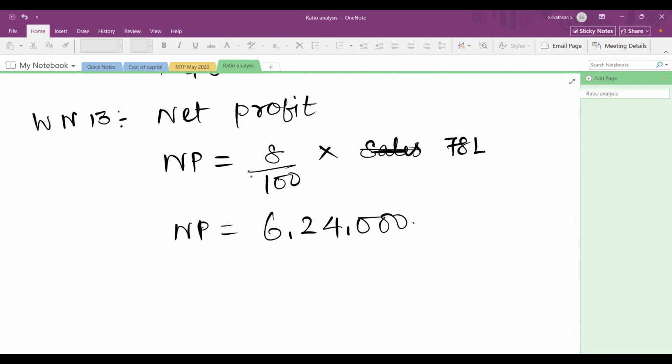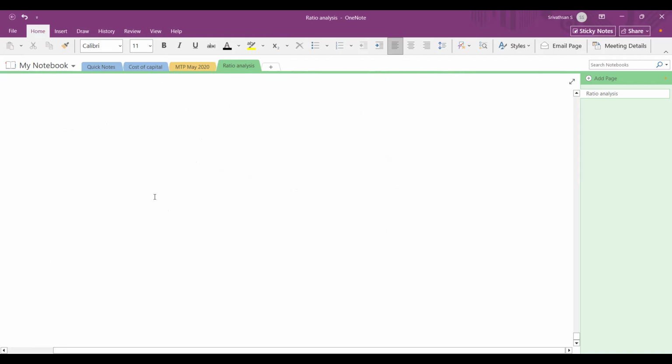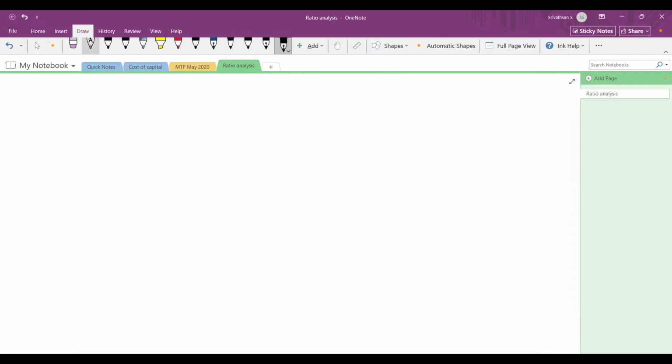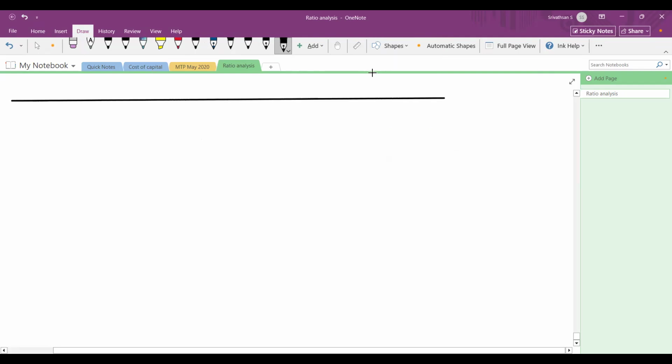So far clear to everyone? Any doubt in the working notes? So now let's prepare the trading and P&L account. We can directly write the amount. We calculated 11,70,000 now. Prepare trading and P&L account.